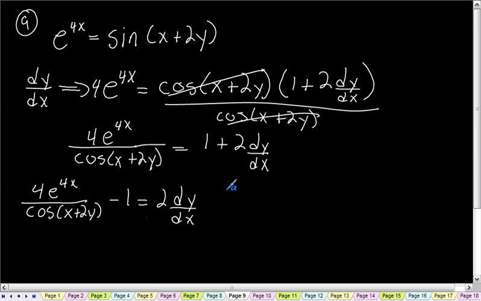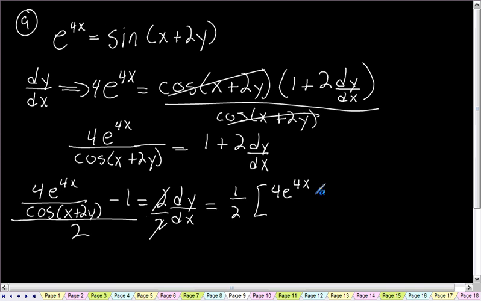Divide both sides by 2. That becomes 1/2 times 4e to the 4x over cosine of x plus 2y, minus 1.